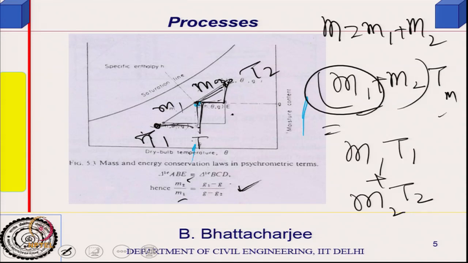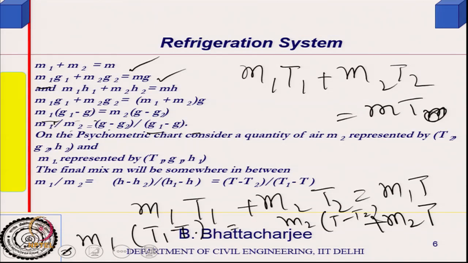So finally, how much will be the fresh air supply, I can calculate using these equations. So we will do this as an example, but let's go back. On the psychrometric chart you can represent all this, but for our understanding or calculation purpose we will simply use the algebraic equations.